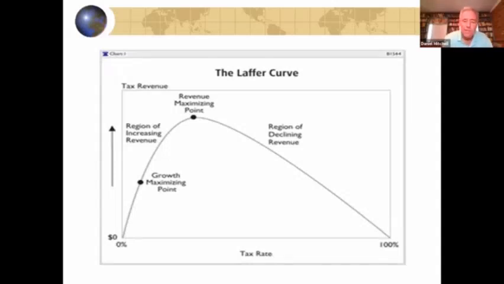At a 0% tax rate, that's the horizontal axis, how much money does the government collect? Zero. But at a 100% tax rate, how much money does the government collect? Well, if the government's going to steal every single bit of your money, you're probably not going to work. So the government's going to collect zero at a 100% tax rate.